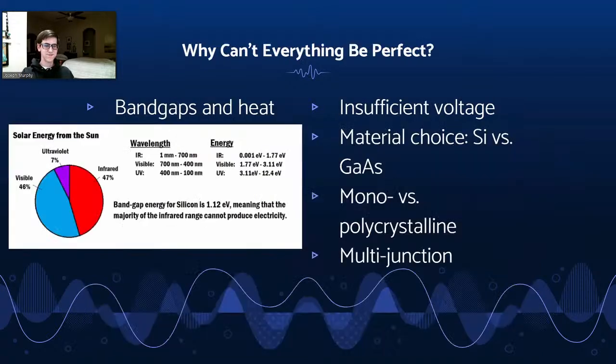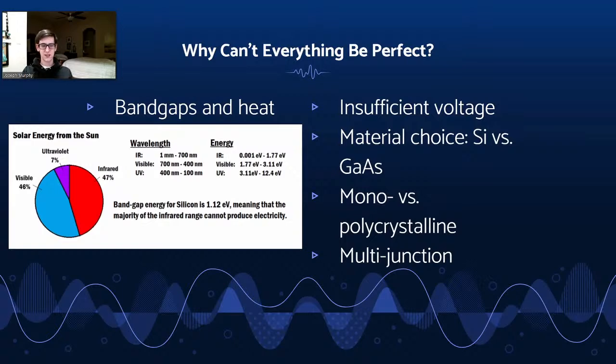But nothing is without its flaws, of course. There are still quite a few things that we could improve on with solar panels. Limitations in the photovoltaic effect itself, among other things. And so if we look at, when we talked about band gap already, moving electrons to the conduction band.